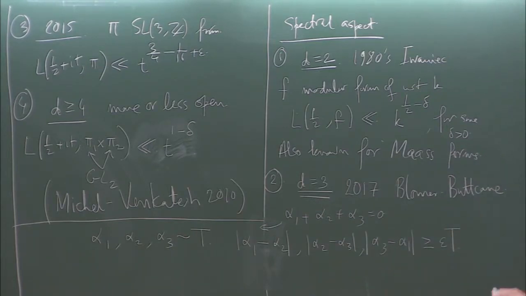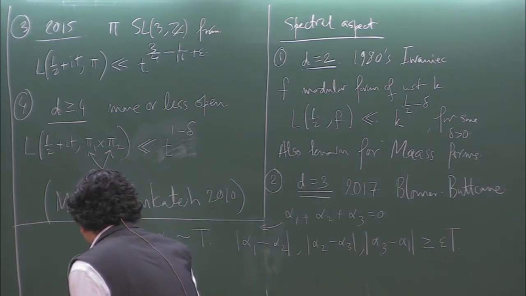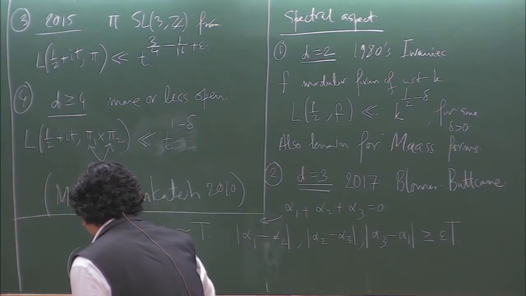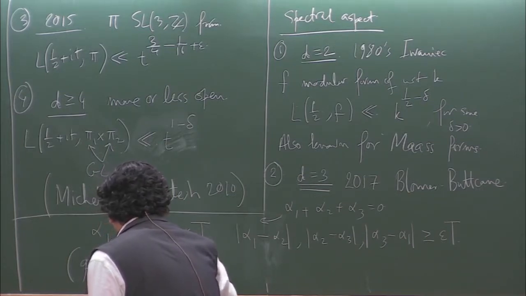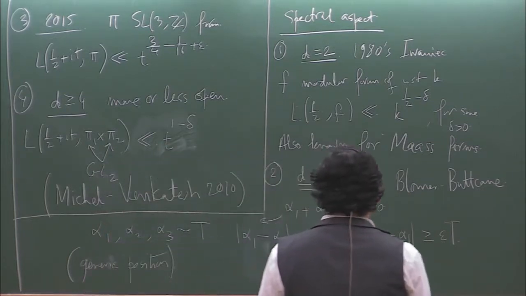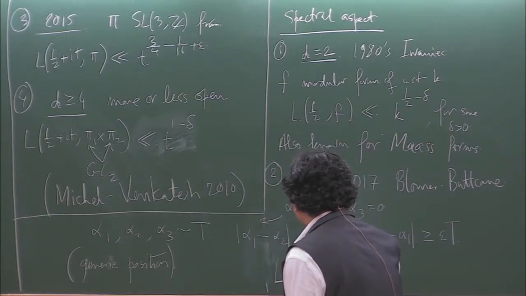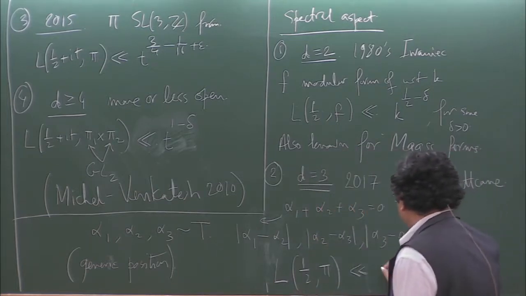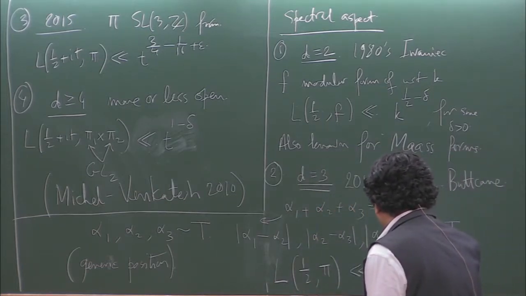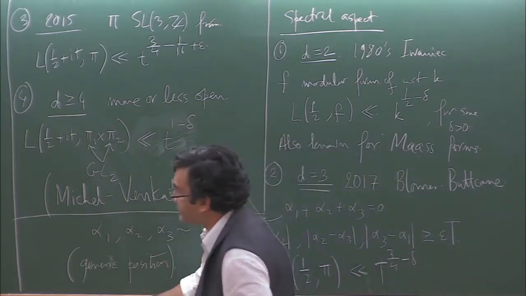So they're in generic position, away from the boundary of the Weyl chamber. And in this case, they could prove a subconvex bound in T to the power 3/4 minus delta for some delta.